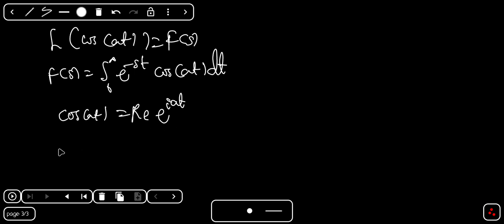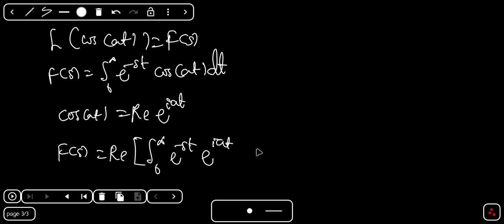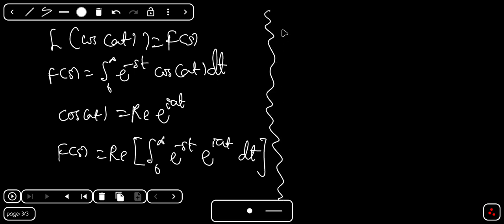Then we're going to have F of s equal to the real part of the integral from 0 to infinity of e raised to the power of minus st, then multiplied by e raised to the power of iat dt. Okay, so this should be the real part of the integral from 0 to infinity of e raised to the power of minus st plus iat dt.